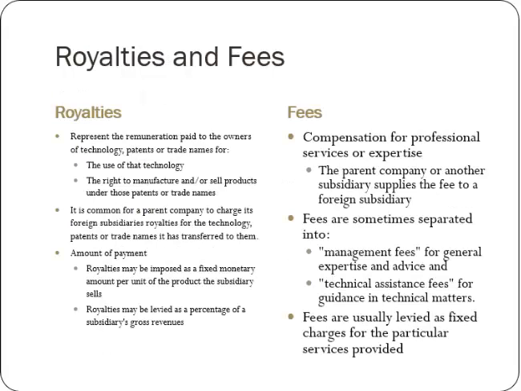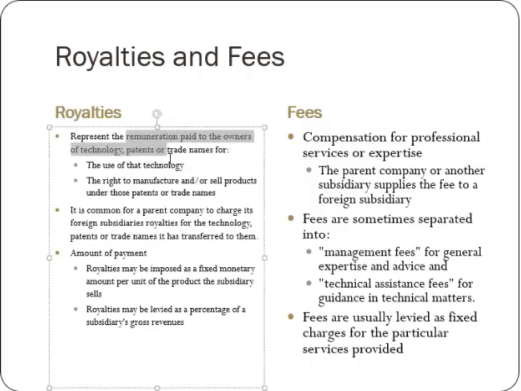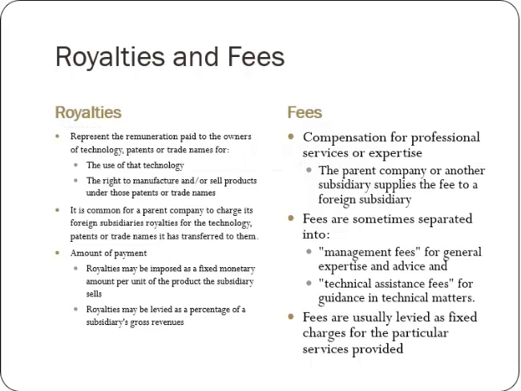In exchange, the franchisor, or whoever is actually giving the intellectual property, gets either a royalty or a fee. Here's the distinction between a royalty and a fee. Royalty is the remuneration paid to the owners of the technology in exchange for the right to use that technology. You write a book, a publisher may sell it, but you have a royalty of 15% of the proceeds, which means 15% of the sales you get a check for.